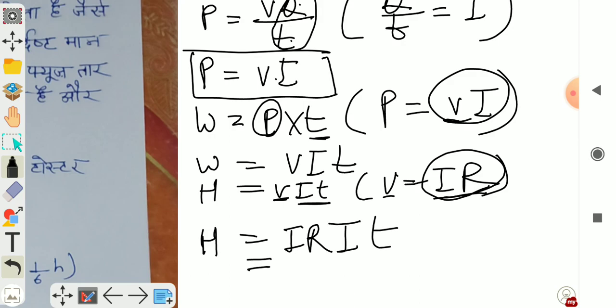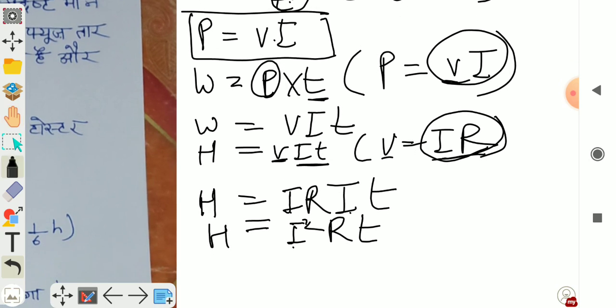So this will be equal to I and this I, it means I square RT. H equal to I square RT. This is the heating effect of electric current.